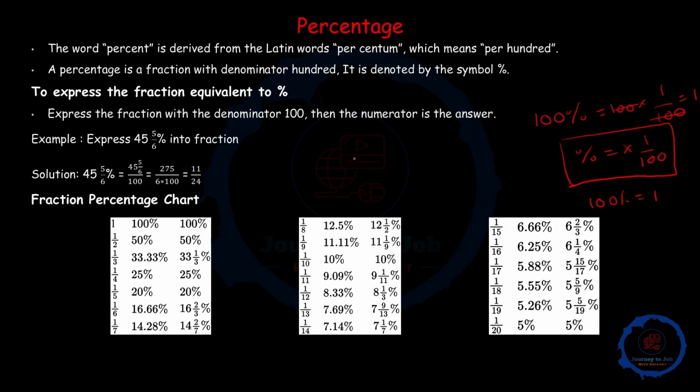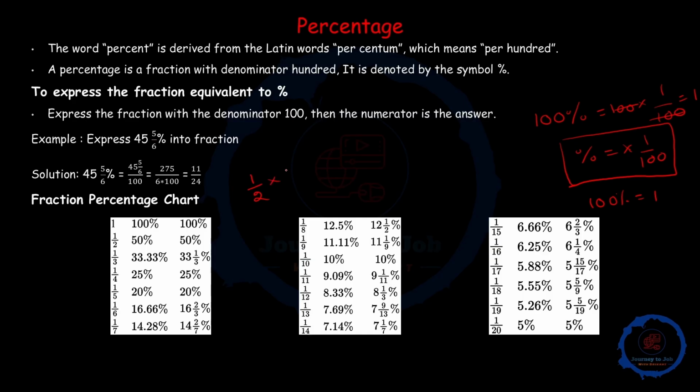Next, expressing a fraction as a percentage. Any fraction we can convert into percentage, as well as any percentage we can convert into fraction. Express the fraction with the denominator 100, then the numerator is the answer. So let us consider the fraction 1 by 2.